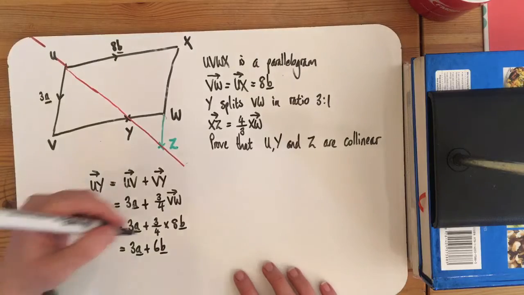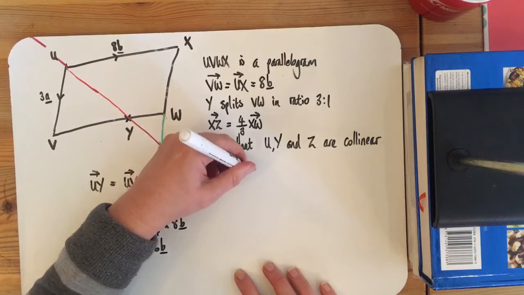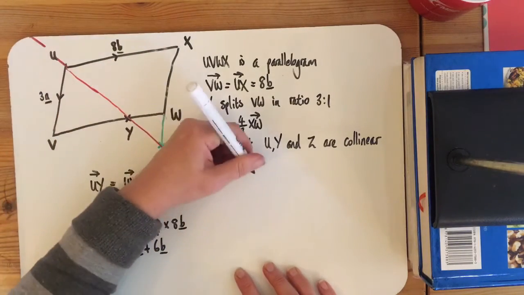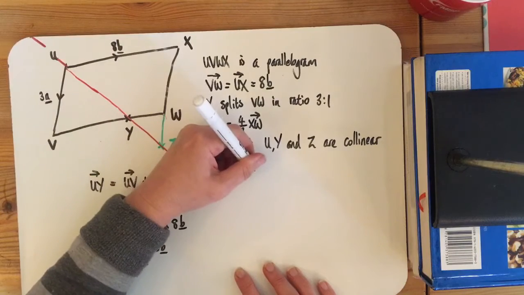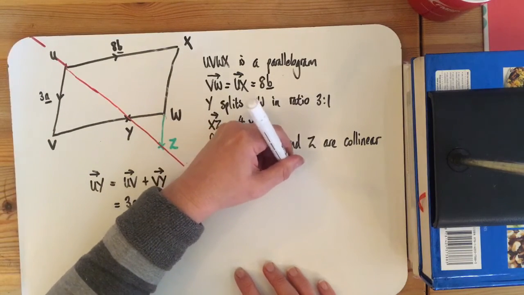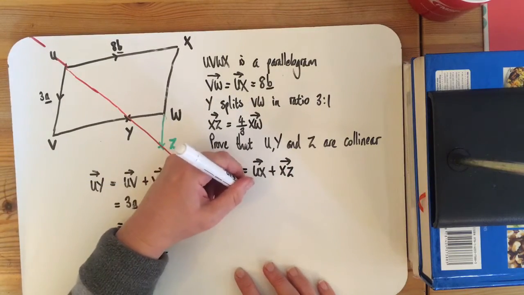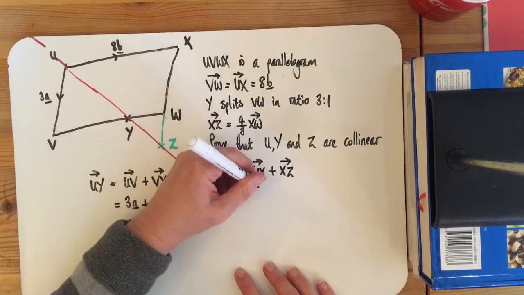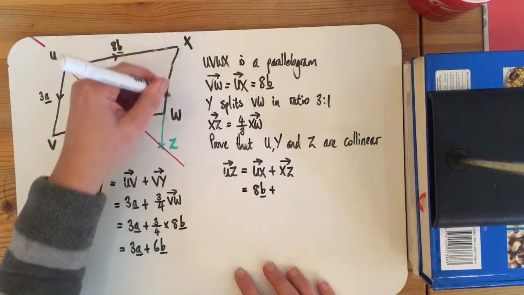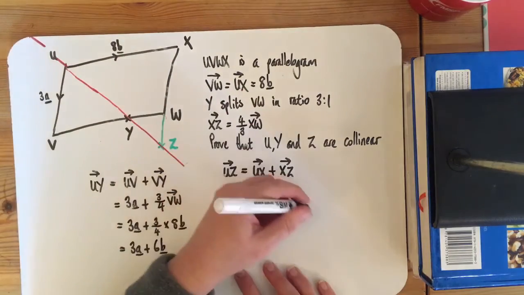Doing the same for UZ. So this time I'm going along here, along here. So UZ is UX plus XZ. UX is equal to 8b and XZ is 4/3 of XW.